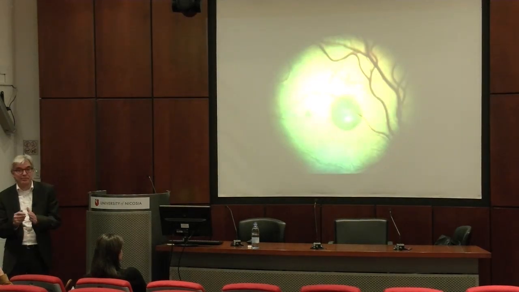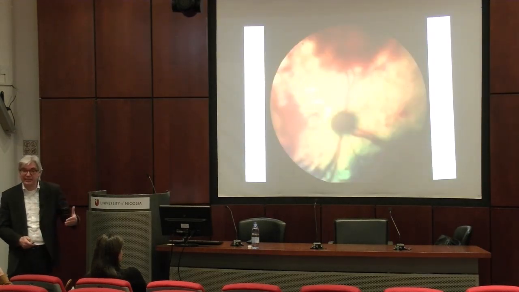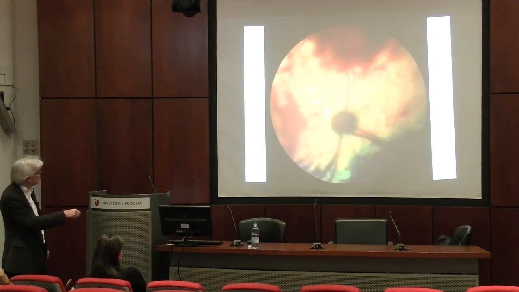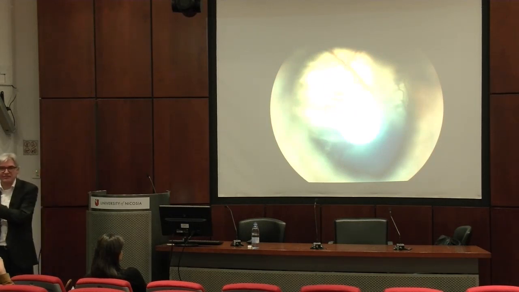It may also result in partial retinal detachment, shown over here and here. Or it may result in bleeding in the retina. You can see that over here and over here. Or it may result in complete retinal detachment. So if there is arterial hypertension, you always have to check the eyes very carefully.